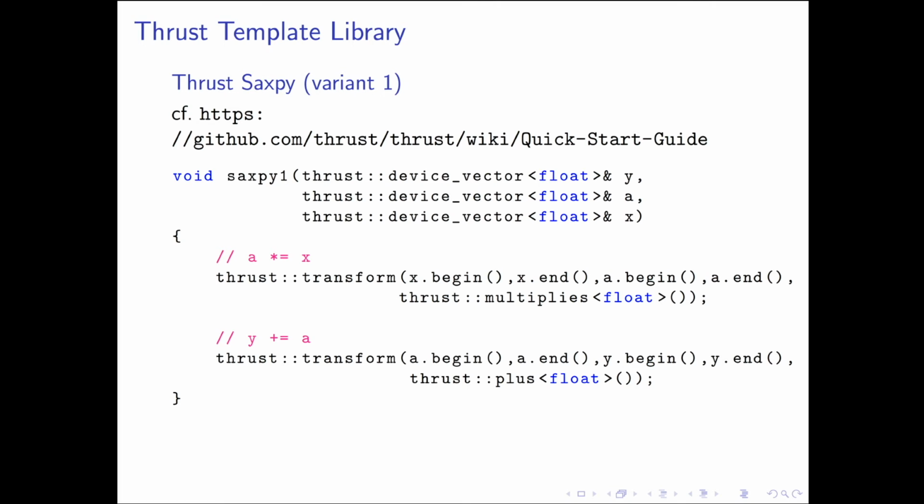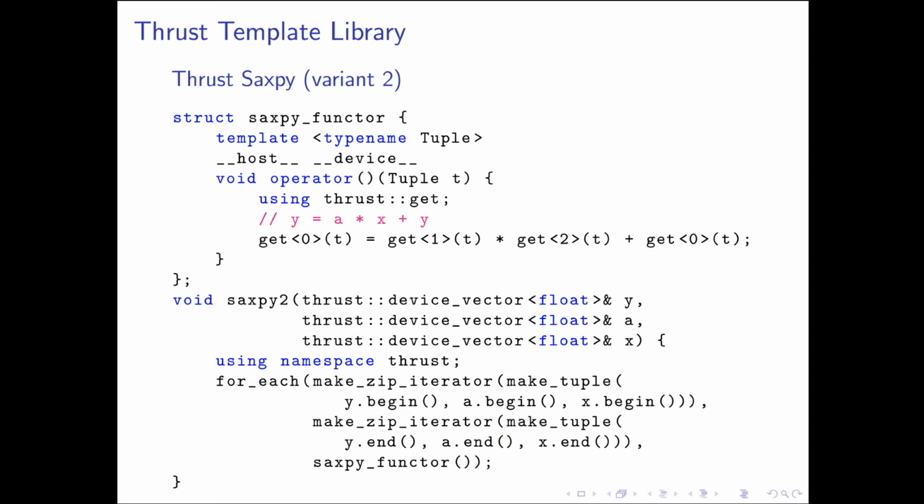So there are actually other ways to implement that which are a bit more complicated, but I'm showing them here anyway, just to motivate yet another example of the Thrust API. What you can use in order to make Thrust perform the operation within a single kernel is the so-called zip iterator. What I'm basically doing here is zipping together the begin iterators of the Y and of the A and of the X vector.